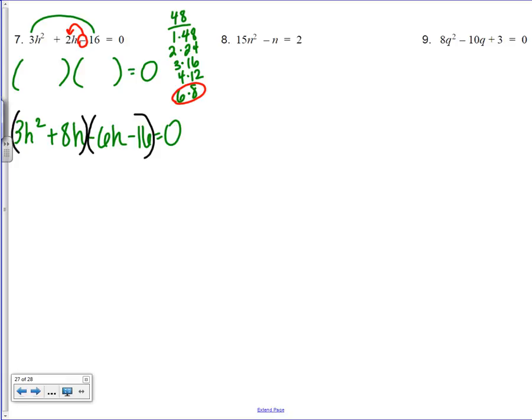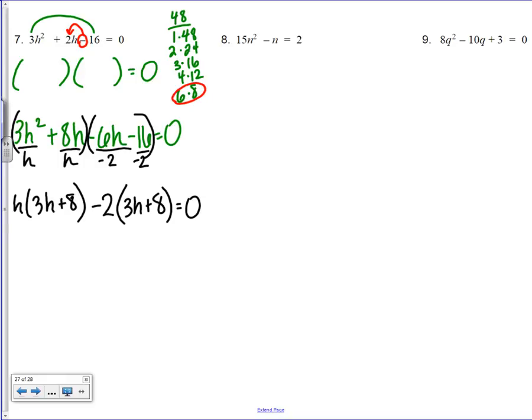All right, I can only take out an h from the first group. And it looks like that. The second group, I need to start with a negative, and I can take out a 2 from both of these. So I'm going to be dividing by negative 2. When you divide, be careful of your symbols.